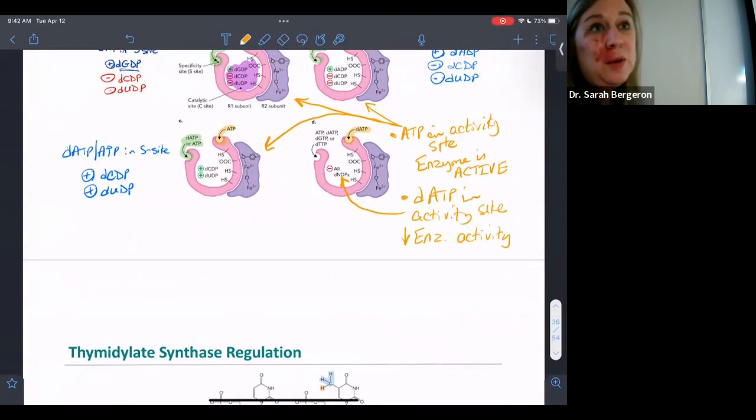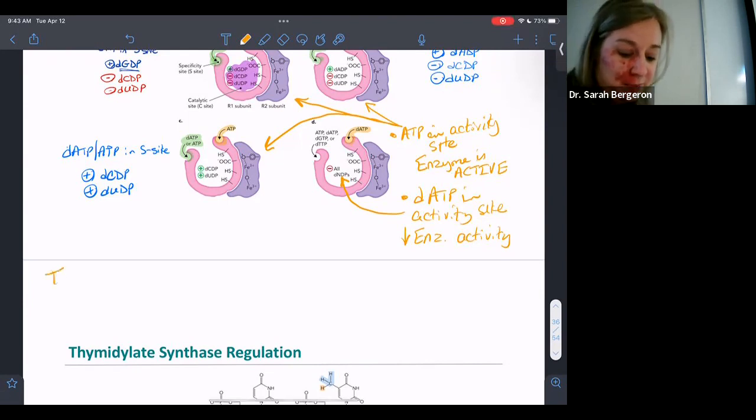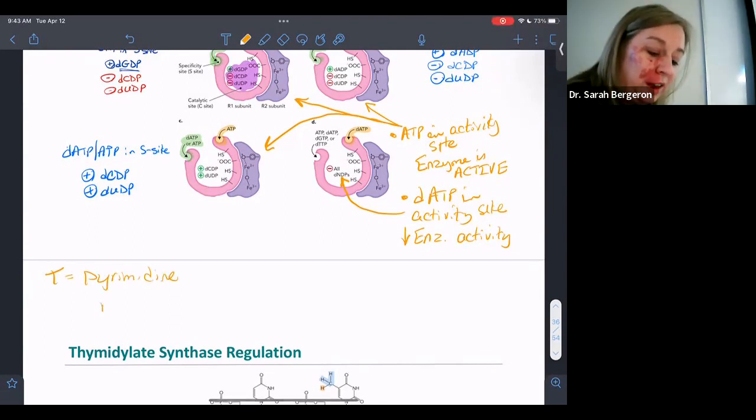Okay, so the last one we didn't talk about, right, was T. So what happens with T? So thymine is a purine or a pyrimidine. It's a pyrimidine. Okay, so it's a pyrimidine that's formed from methylation of uracil.